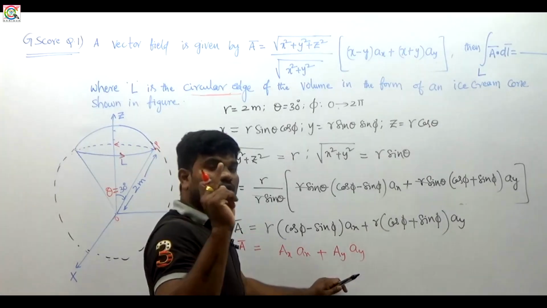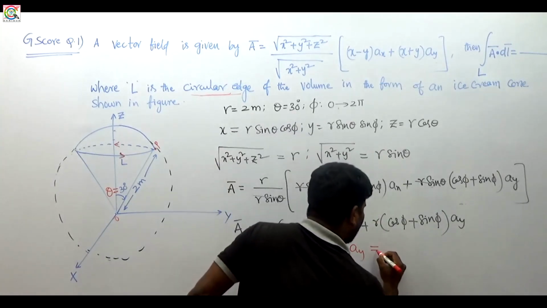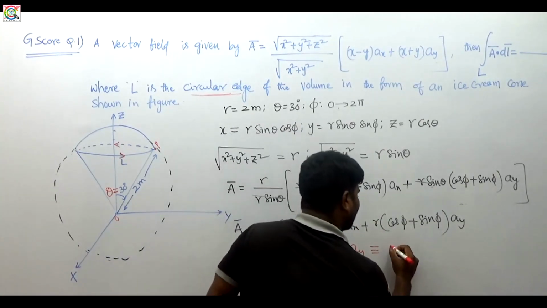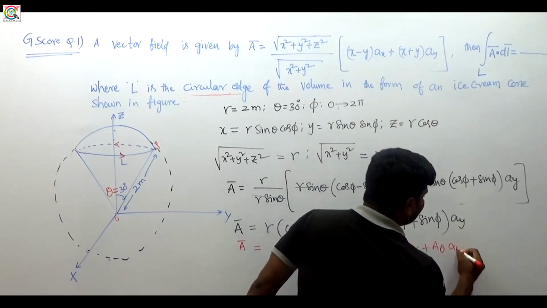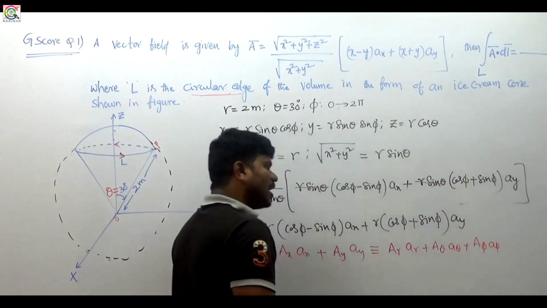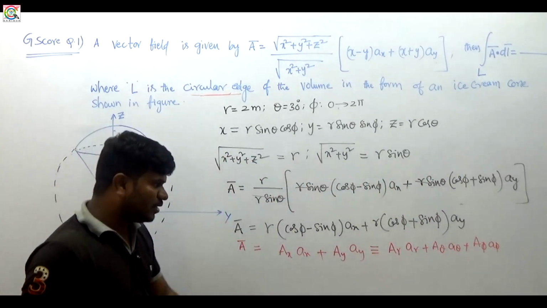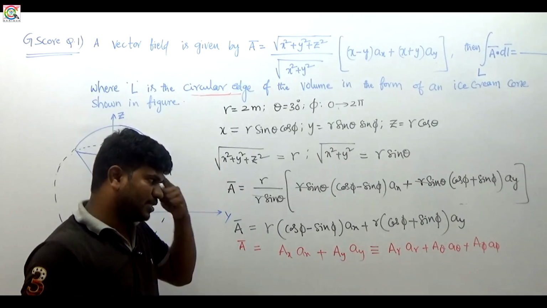Now I have to transform this vector into the fully spherical system. If I want to convert this vector into the spherical system, it should be Ar ar plus A theta a theta plus A phi a phi. This is the equivalent vector in the spherical system, right?